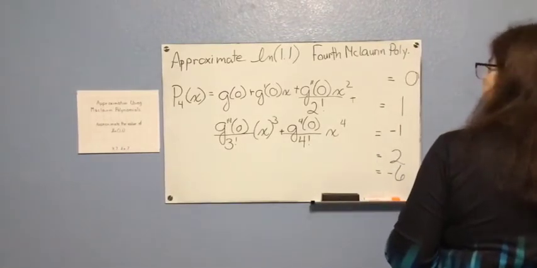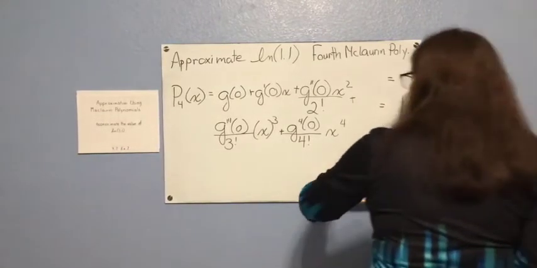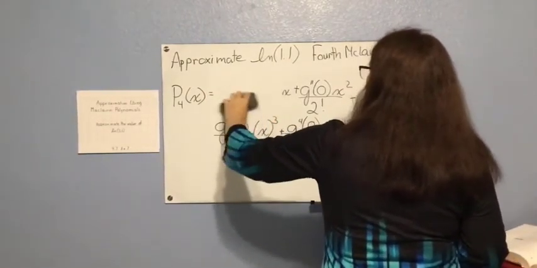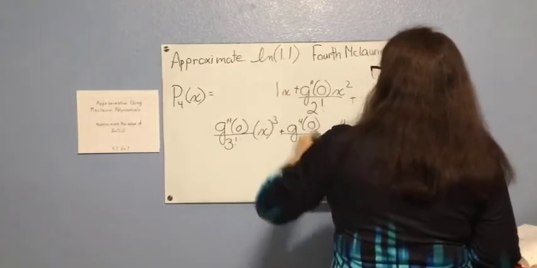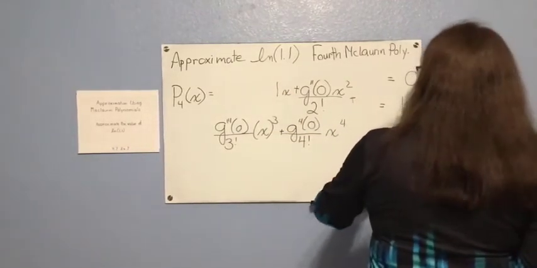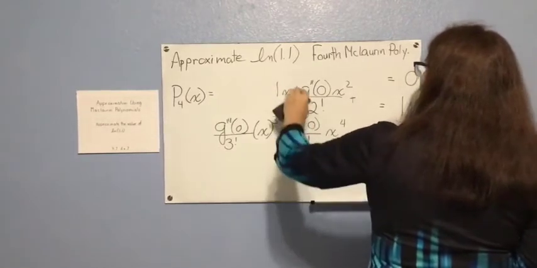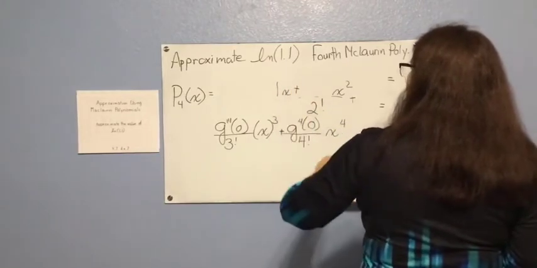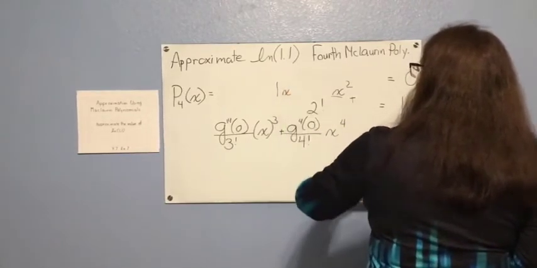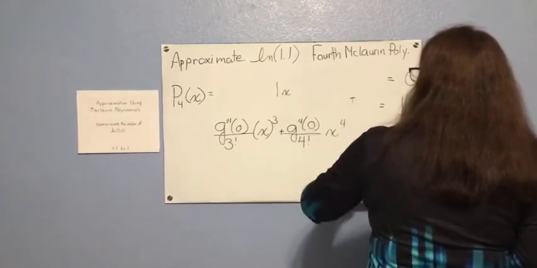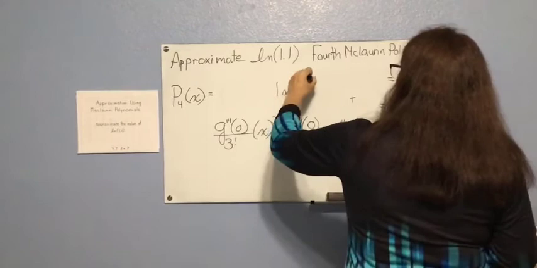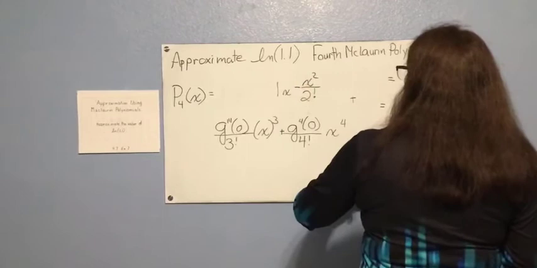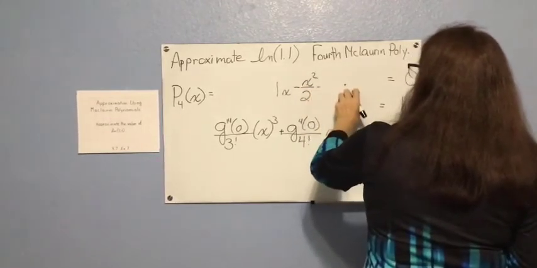Okay, substituting in the numbers, we know g of 0 is 0, so this can just go away. First derivative is 1. So I can put a 1 there if I want to, don't really need to. Second derivative, negative 1. So all I really need to do here is change that plus to a minus. And I'm just going to write that as x squared over 2 factorial. Although we know 2 factorial is just 2, so we could take that away as well.